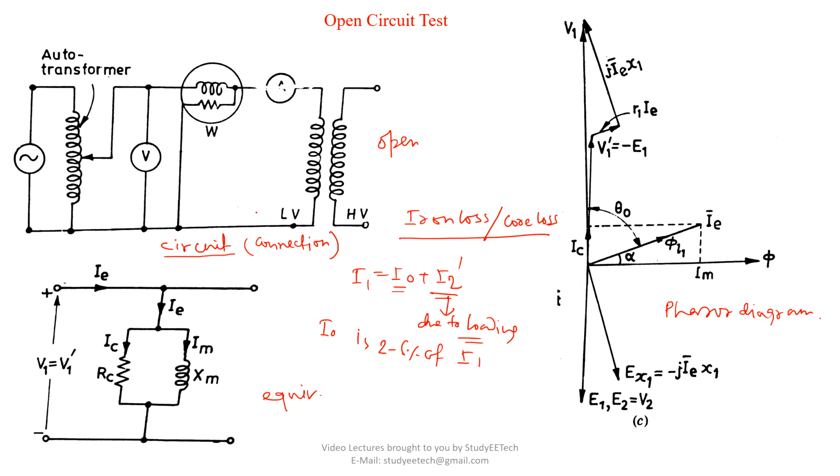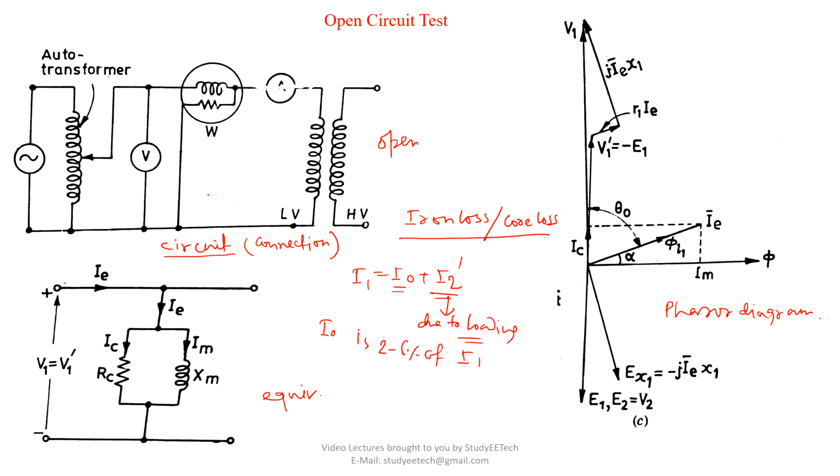The reason is, number one, that for the low voltage side the voltmeter required will be of lower rating. Assume the high voltage side is of very high voltage rating, then you may not get a voltmeter capable of measuring this voltage.